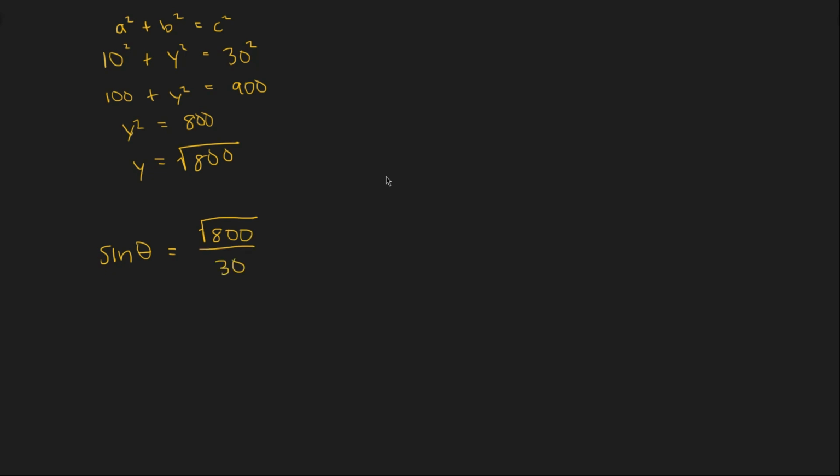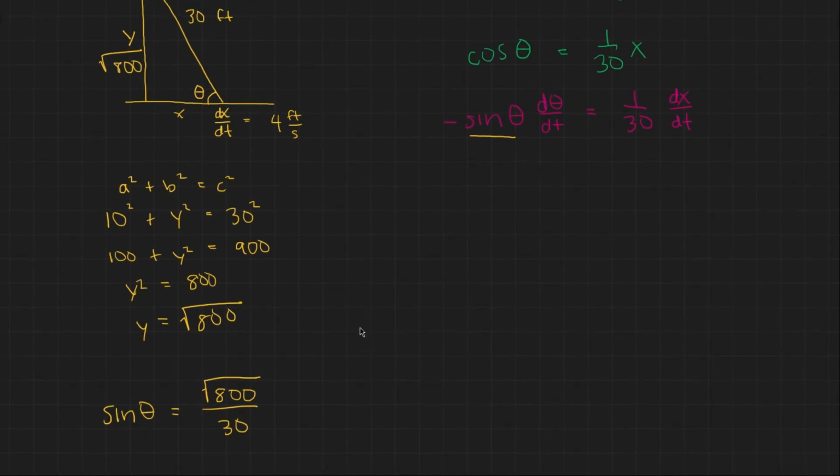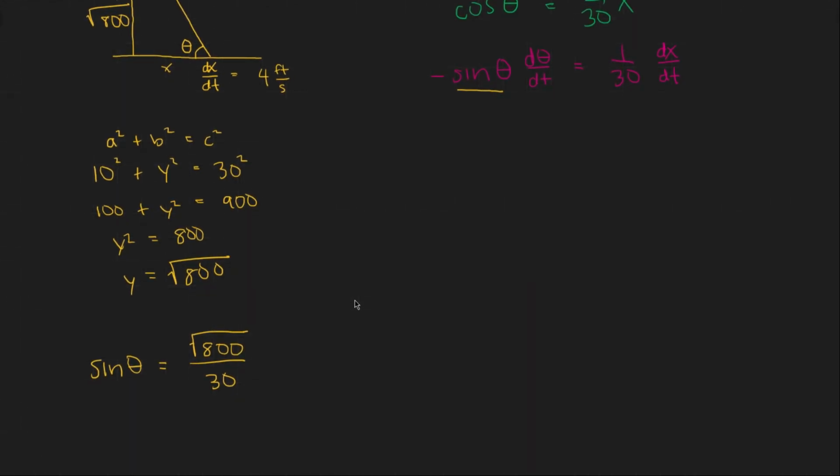So there we have our sine relationship. So now, if we go back up here to our differentiated equation, we have all the values we need to solve. So now, let's plug in all of our values.